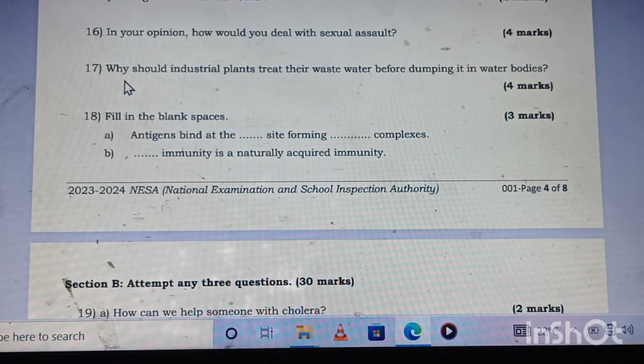It can cause disease in different animals, aquatic or terrestrial. So the industry must take that measure in order to prevent these effects, treating waste water to prevent pollution and disease.